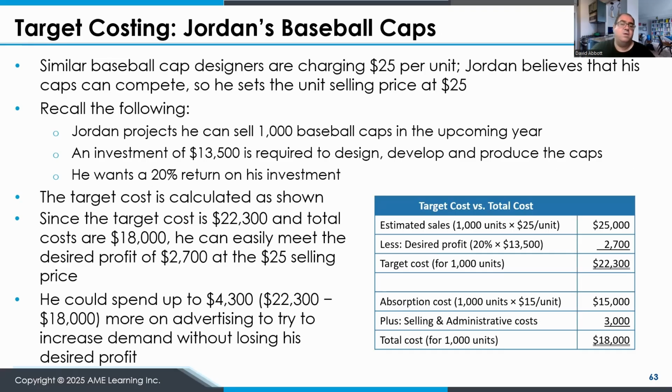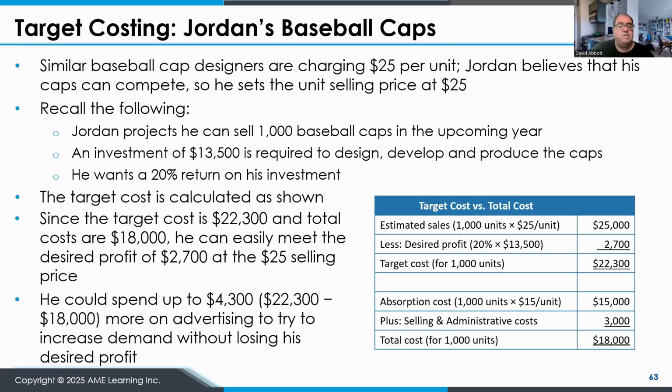Remember that we said that Jordan projects that he would sell 1,000 baseball caps for the coming year, that he has to have an investment of 13,500 in order to design, develop, and produce the caps, and he wants at least a 20% return on his investment. So the target cost would be calculated as we see here on the screen.